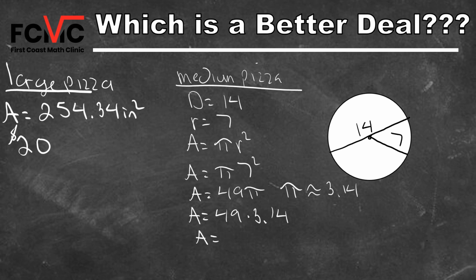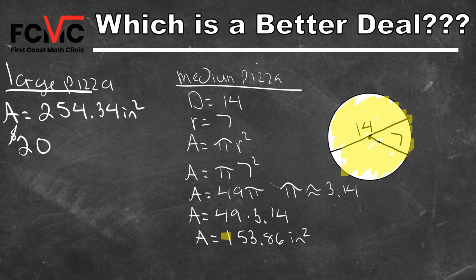And 49 times 3.14 is 153.86 inches squared. So each medium pizza should have 153.86 inches squared worth of pizza.